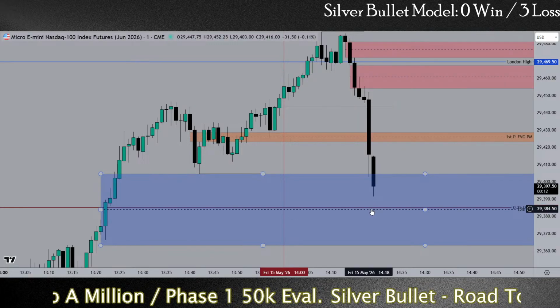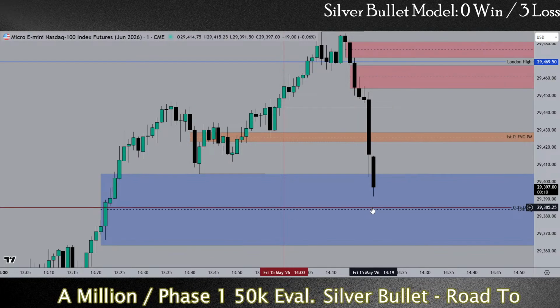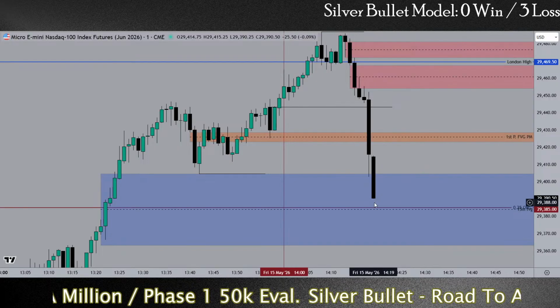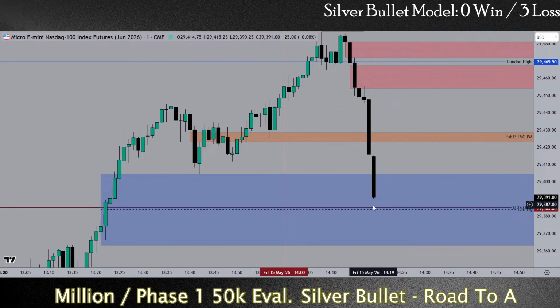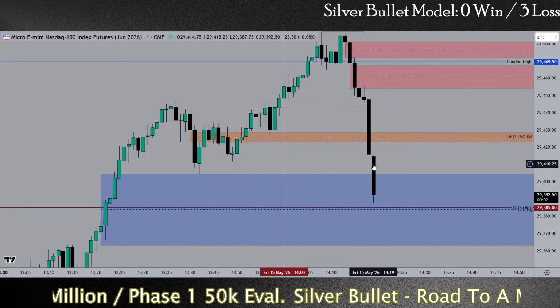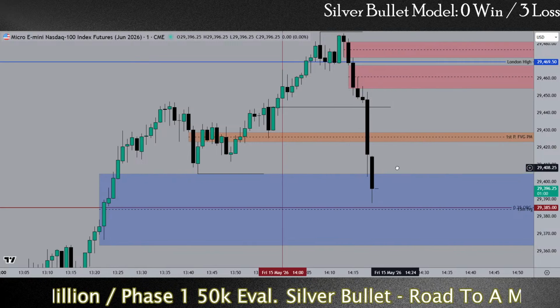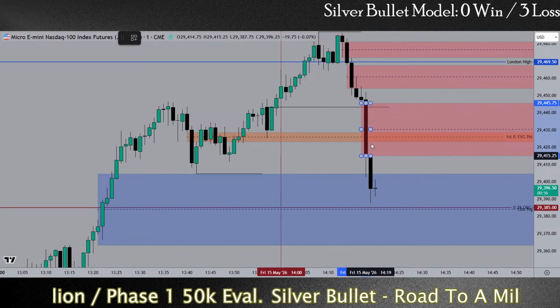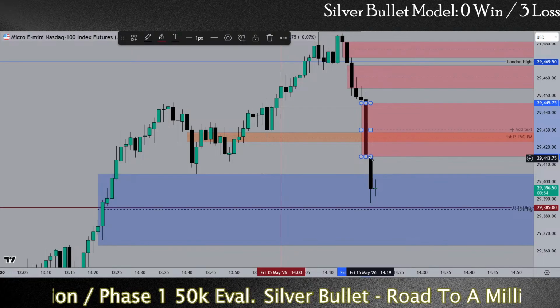So this is a high probability PD array by definition. And because it's a bullish fair value gap, its original characteristic is sending price potentially higher.